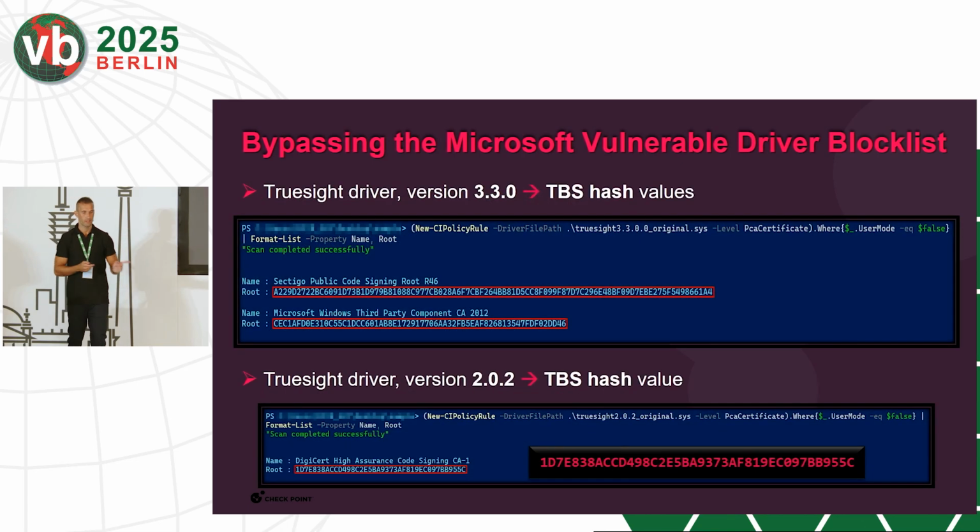And when we calculate these TBS hash values for the known vulnerable driver, TrueSight version 3.3.0, we got two different TBS hash values. And when we try to calculate it for version 2.2, which is the legacy one abused in the campaign, we got something like 1D7E and something.